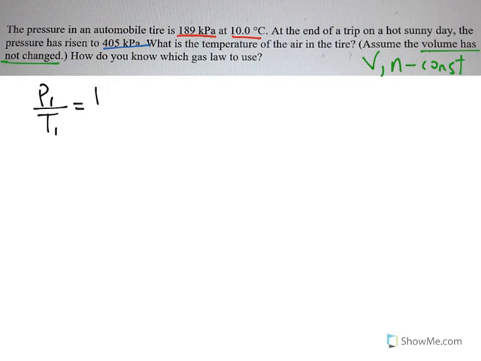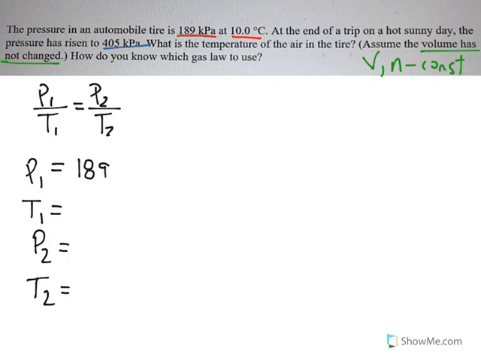P1 over T1 equals P2 over T2. So let's see what we know and what we don't know. P1, T1, P2, T2. So we know that our initial pressure is 189 kilopascals, and it's perfectly fine. We don't have to change to any kind of unit. Temperature is 10.0 degrees Celsius, but it needs to be in Kelvin, so we're going to add 273.2.